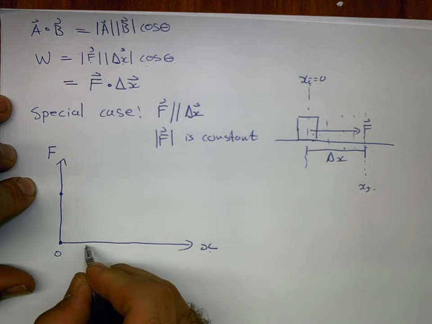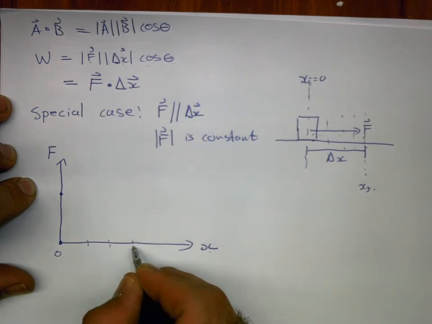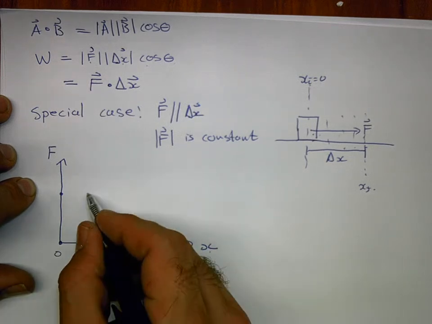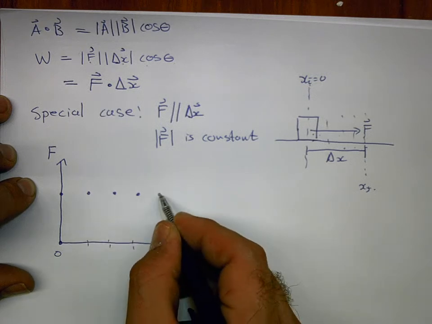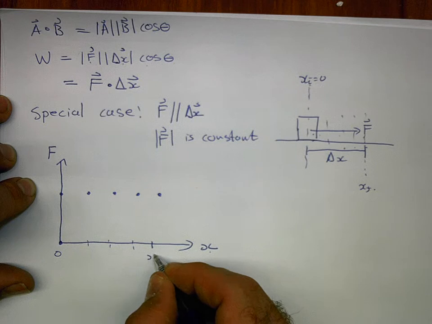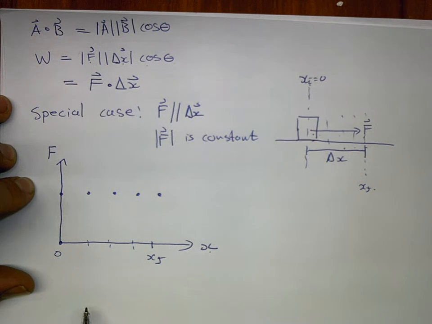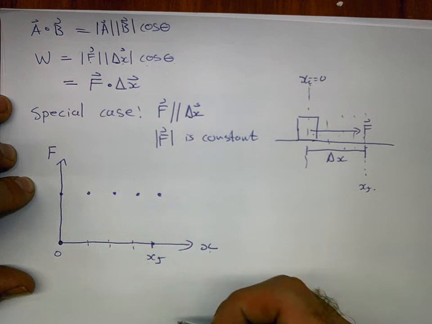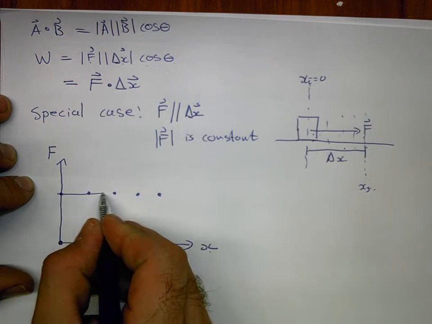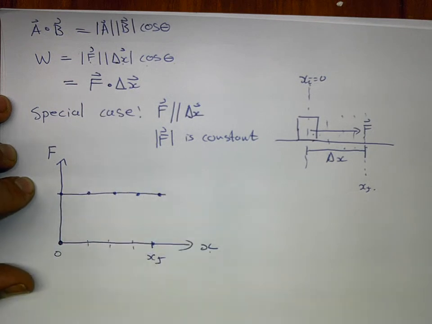And let's say the box ended up over there. So the box started from here, it ended up over there. So force as a function of displacement is just that straight line that I've drawn.